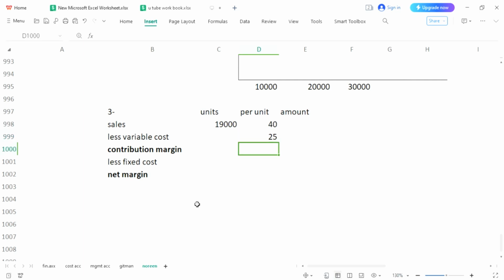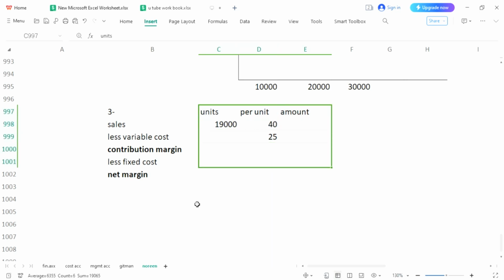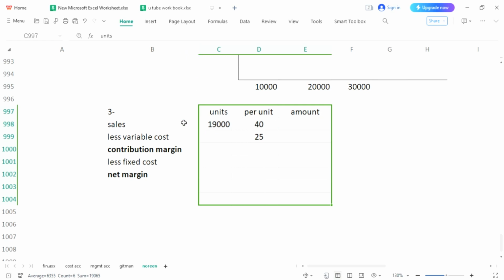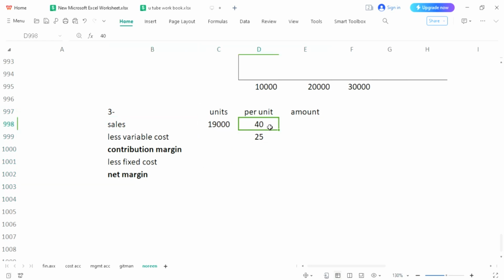It's time to calculate the amounts now, and you have a complete idea how to calculate the amount. For that purpose, units would be multiplied with per unit. So here we will see how many units, 19,000, and how much per unit, that is 40. So the amount can be calculated by multiplying it.